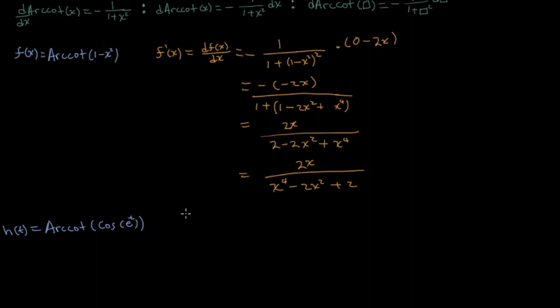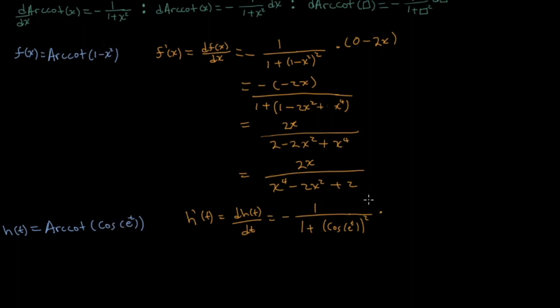What we would do is h prime at t, which we can also write as dh at t by dt, in Leibniz notation, is equal to negative 1 over 1 plus this entire term here squared, so cos e to the t, squared, times the derivative of this term here.